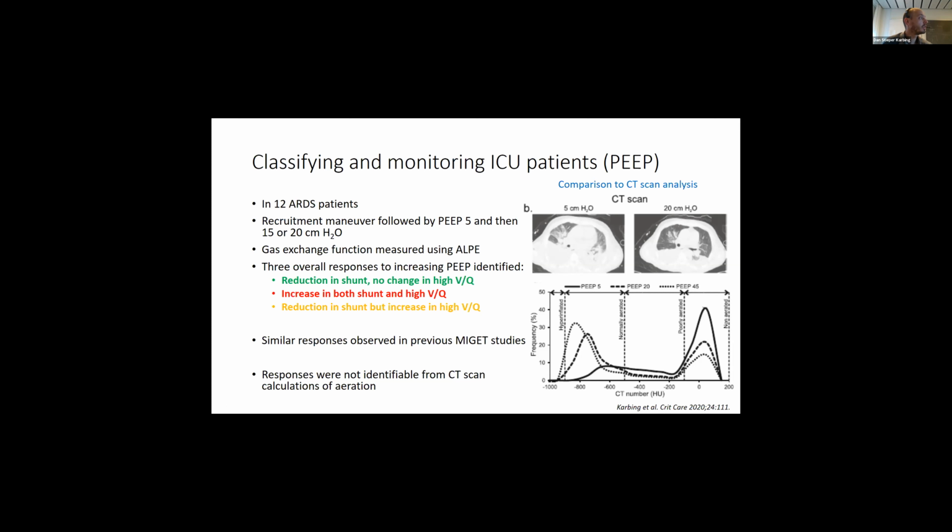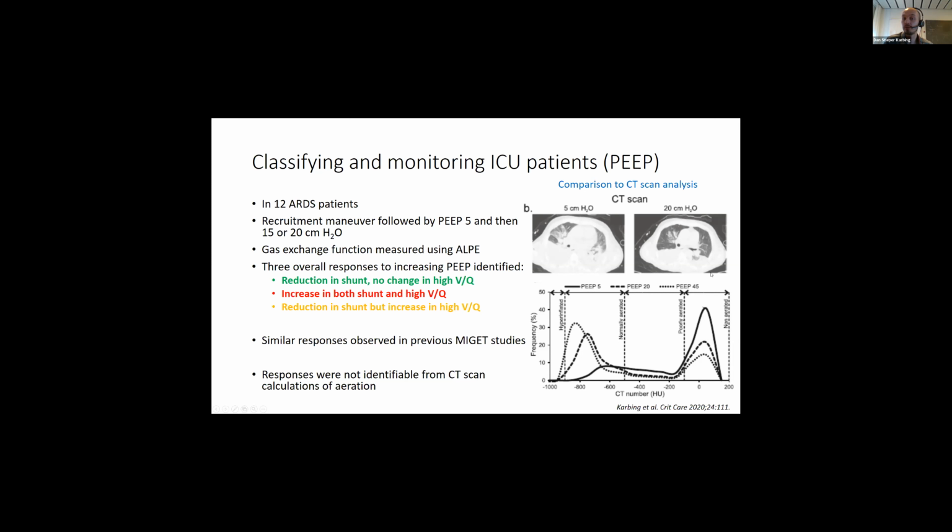We then at each level measured gas exchange function by the ALPI technique. And then we also did CT scan analysis at each PEEP level. And we see here in 1 patient example, the CT scan at 5 centimeters of water and at 20 centimeters of water. And the white or light gray areas here are the regions of lung collapse. And we can see how at 5 centimeters of water, these regions are larger than at 20 centimeters of water.